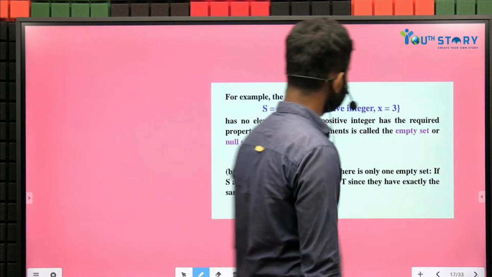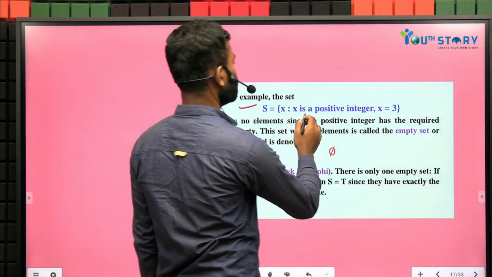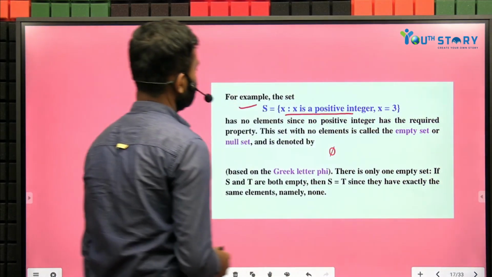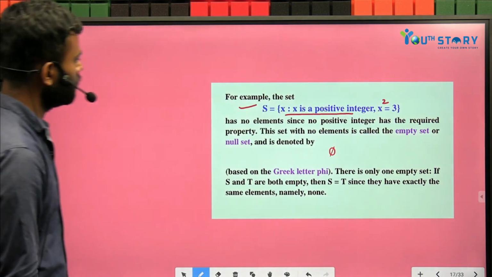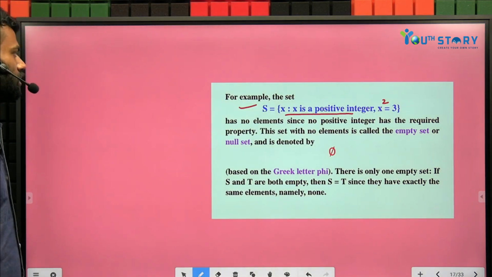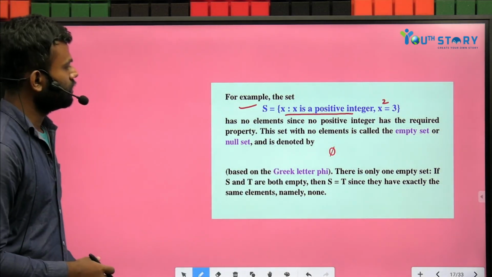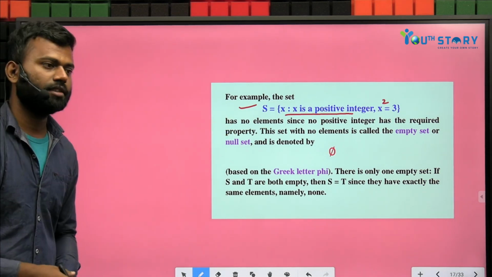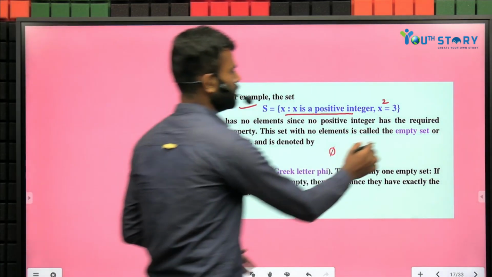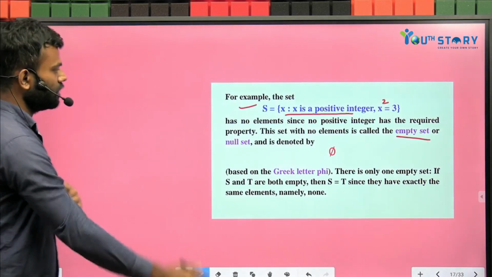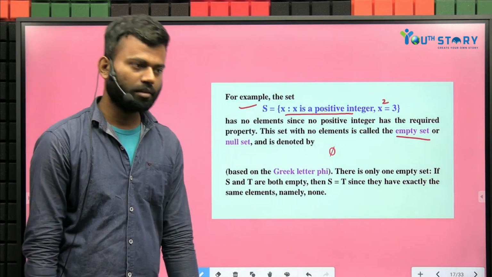Empty set means, suppose we consider this set of x where x is a positive integer and x square will be 3, then there is no positive integer such that x square equals 3. So basically there are no elements in this set. According to mathematicians, we call this the empty set, and we take this notation for the empty set.